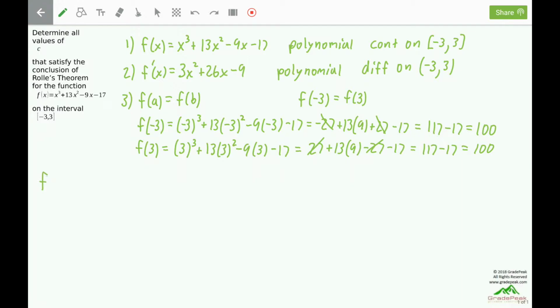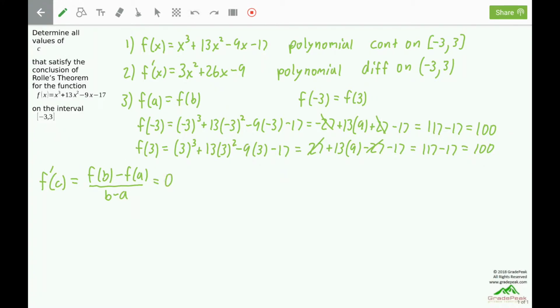Rolle's theorem says the slope of the tangent line at some value c, f prime of c, will equal, from the mean value theorem, f of b minus f of a over b minus a, the slope of the secant line connecting the endpoints. But in Rolle's theorem, we have condition 3 also holding true, where f of a and f of b are the same value, so that when they subtract here, they equal 0.